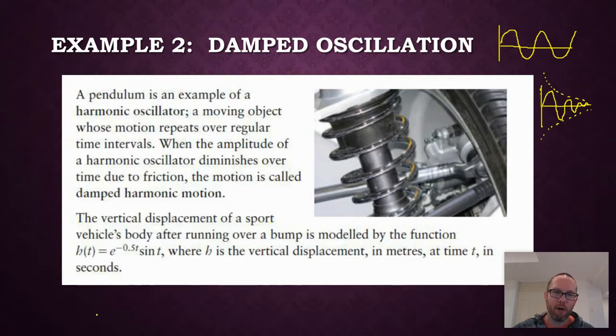So you can see our function here. So we have, in this case, like the shocks on a vehicle's body going over a bump. So we've got sine t, which gives you the periodic nature. The springs, we've all been in a car going up and down and seen the shocks. It just takes a little while to settle.